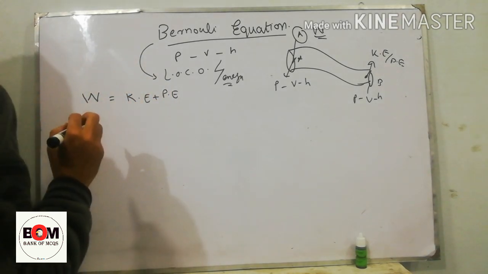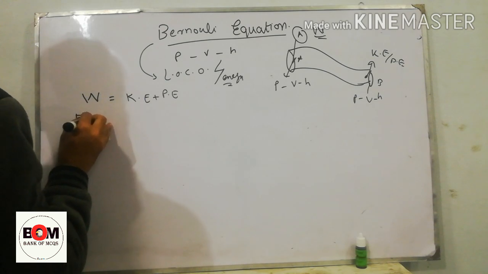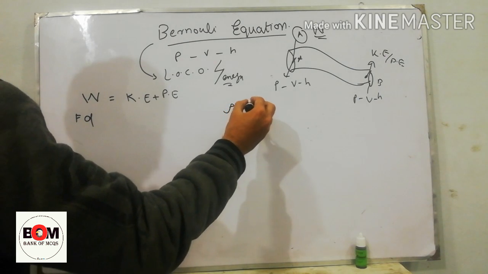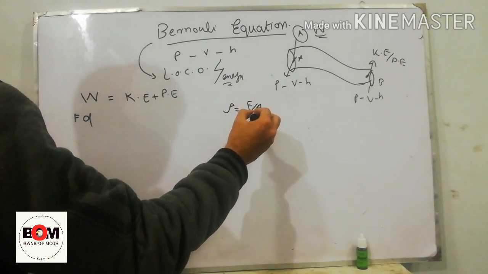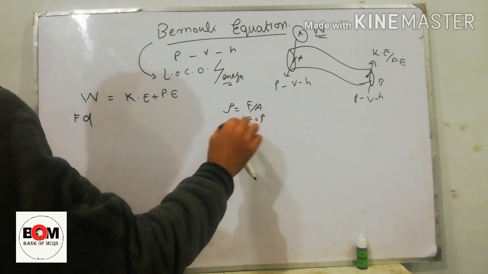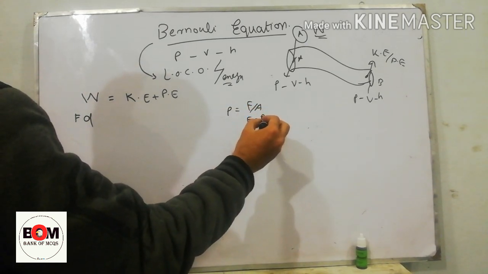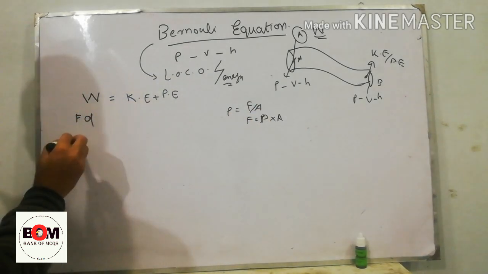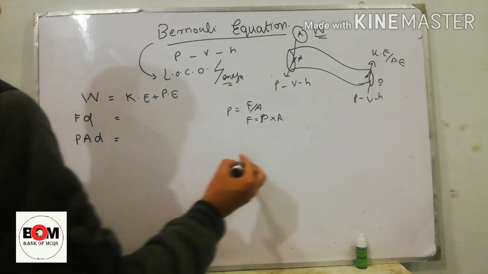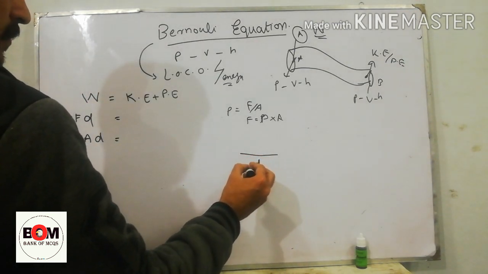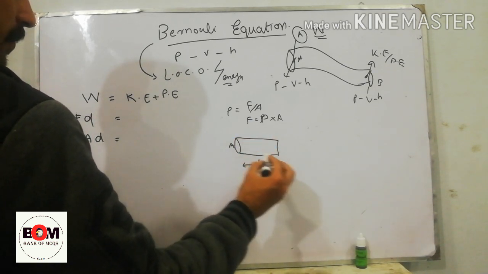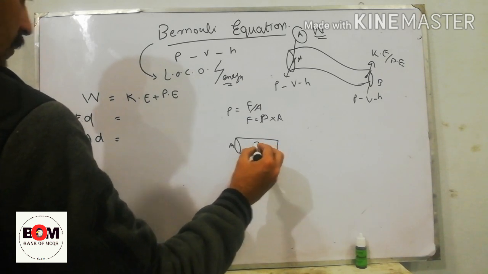So we know that W is equal to F times d. Now by pressure equal to force per unit area, we can also write that force is equal to pressure into area. So we can write W equal to P A d. Now if d is the distance and this is the area, A multiplied by d gives us the volume.